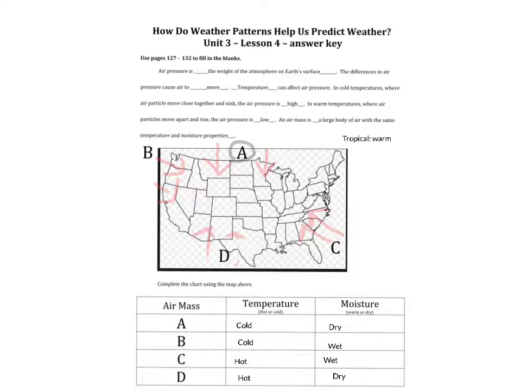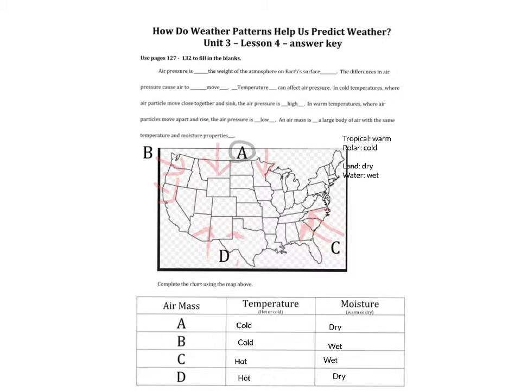If it is traveling from a more polar region, further north or south away from the equator, it will definitely be a very cold air mass. If it is traveling over land, we said that would bring dry air masses because it's not picking up any water molecules. So if it is coming from a body of water, that would leave it to be a wet air mass.